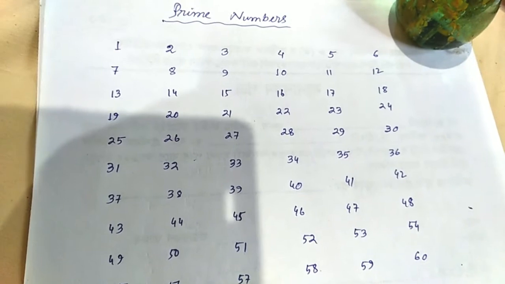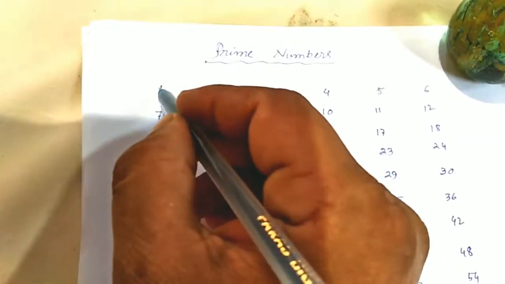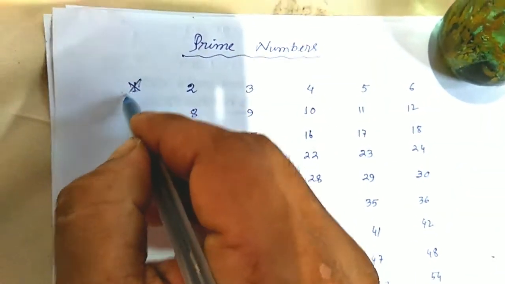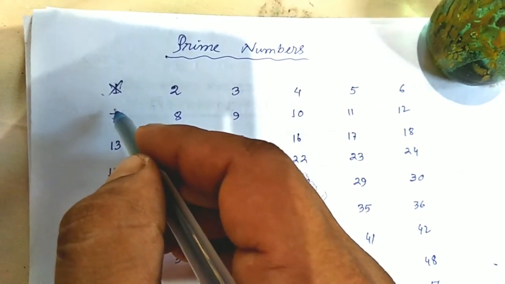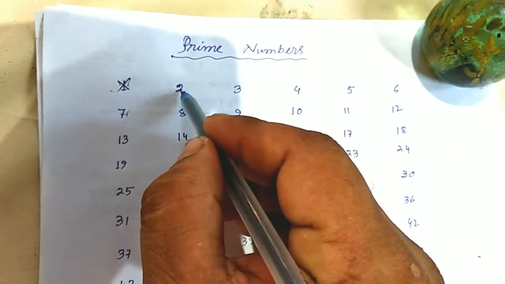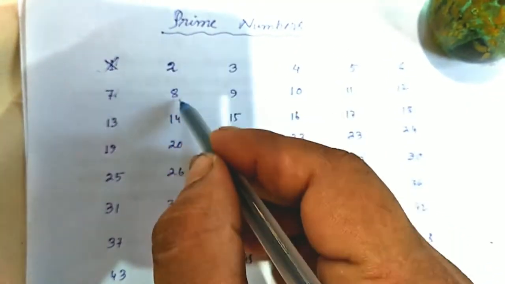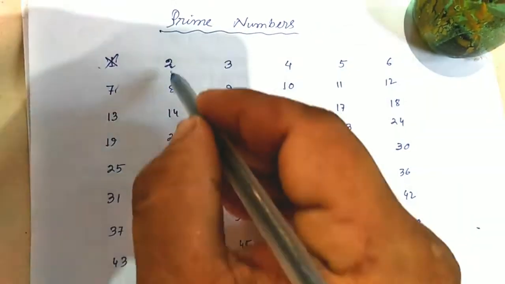So how can we learn this trick? We have already found that 1 is not a prime number, so 1 can be cancelled, because it should be greater than 1. So let us come to 2. Let us see the column 2, 8, 14, 20, 26. These are the numbers which are all divisible by 2.